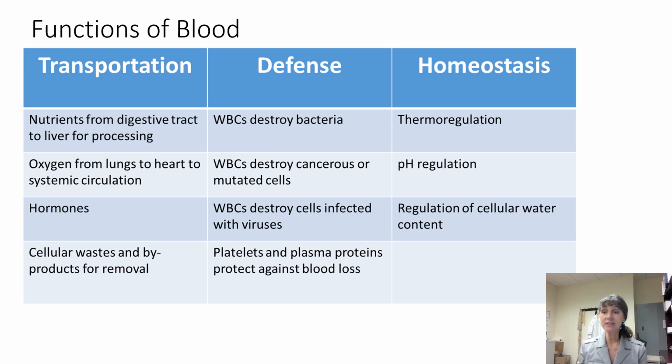Remember, blood circulates through the kidneys 24 hours a day, 7 days a week, and so if we have too much water in our bodies, then that excess water would be excreted. If there's not enough, then the kidneys, in concert with our hypothalamus, can help hold on to water.